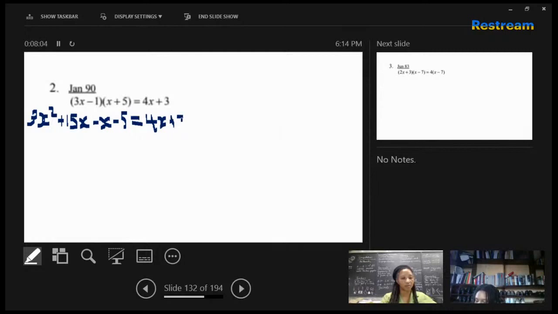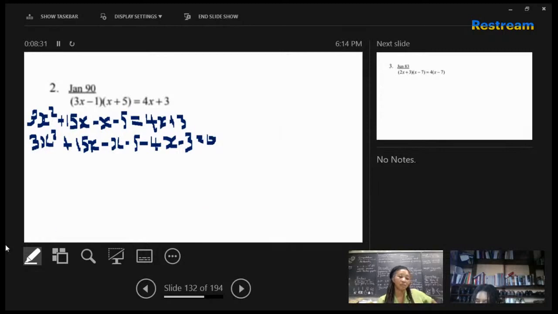So I'm just going to bring over the 4x plus 3 and it will be a negative 4x minus 3. So 3x squared plus 15x minus 4x minus x minus 3 minus 5 is equal to 0. Okay, so if we're going to put all the like terms together, 15x minus 4x minus x is 10x.